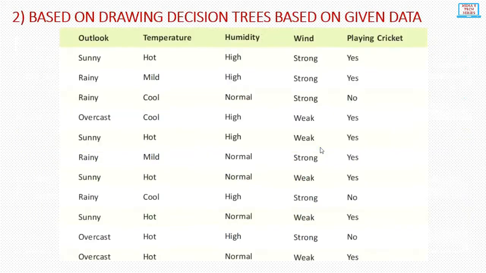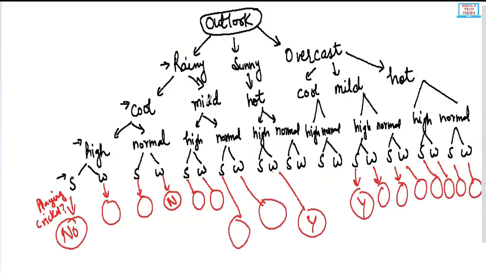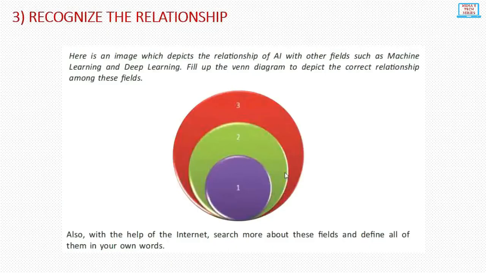So like this you have to match all the parameters, outlook, temperature, humidity, wind, and then just pick up the first row, the first combination, see that in the decision tree and write yes or no in the final decision. Last activity is based on recognizing the relationship.